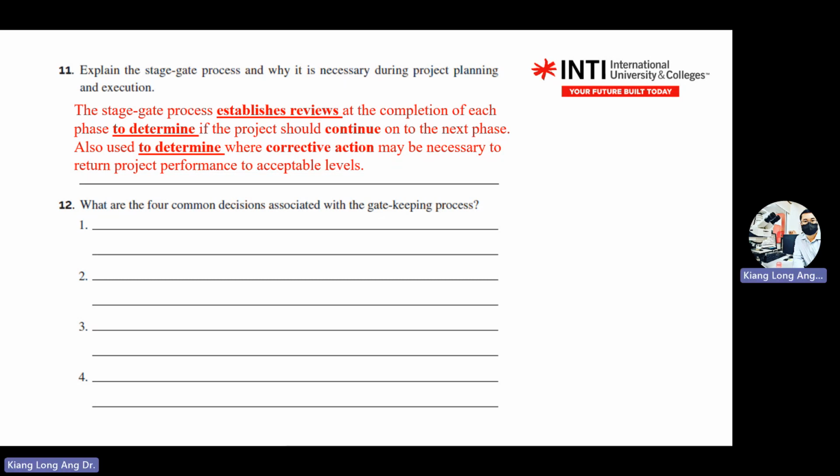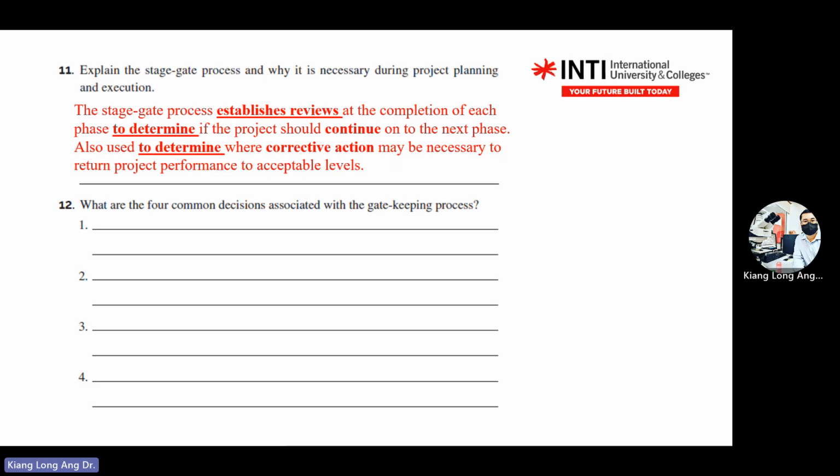You as a project manager, or the stakeholders, or the sponsor, you need to choose one of these 4 during this phase. After phase 1, you come to the gate, and you need to make a decision over here. 4 types of decision.